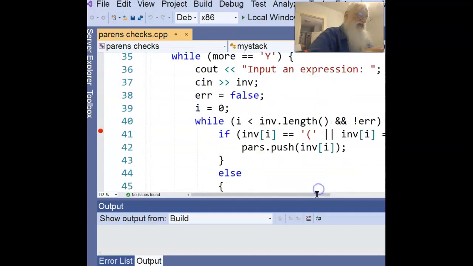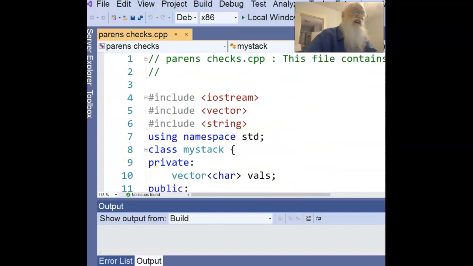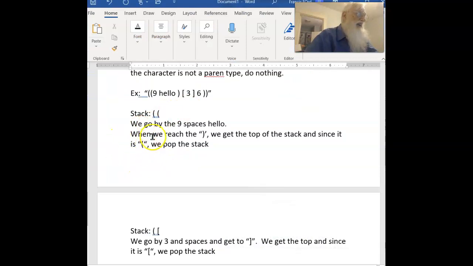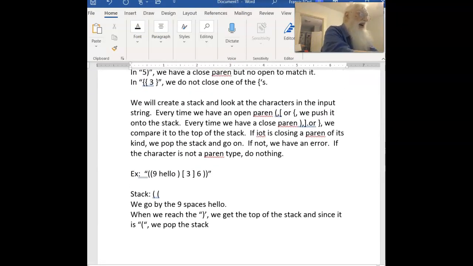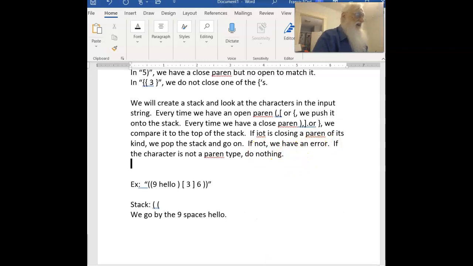So this is very similar. I think it's what we had here. The last part of it I didn't put in, I guess, up here. When we reach the end of the string, the stack should be closed.